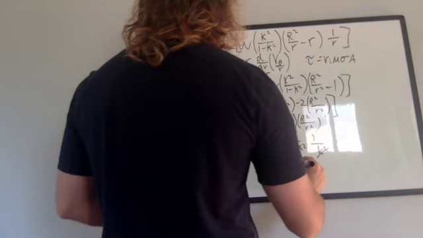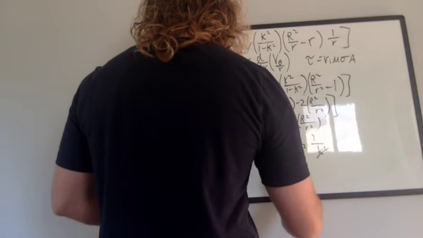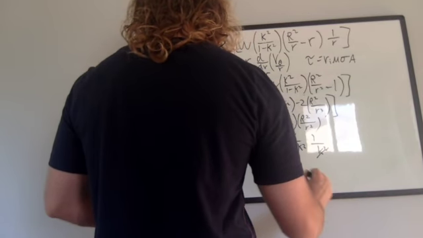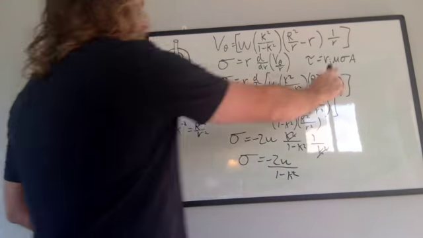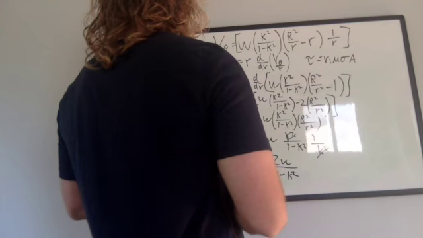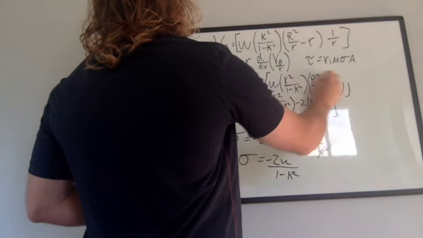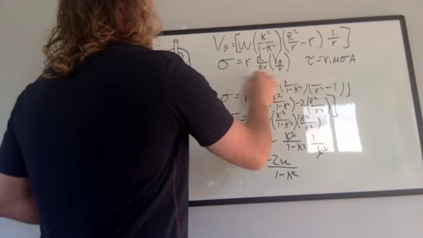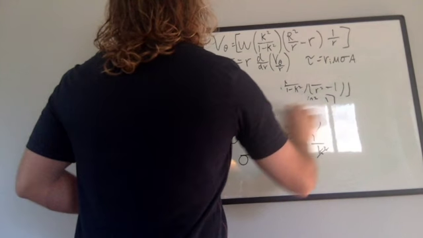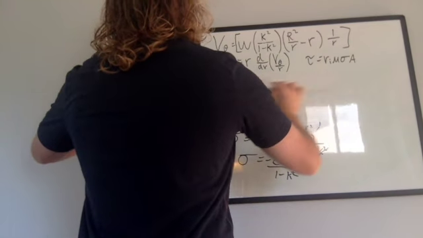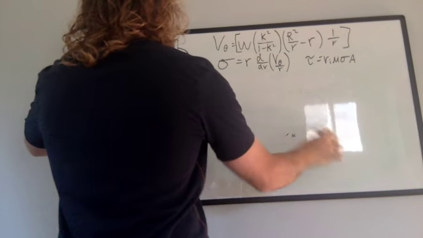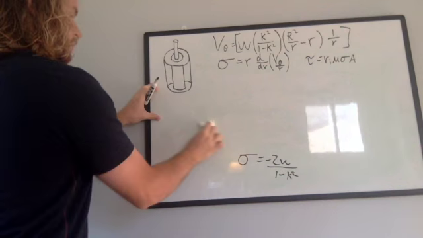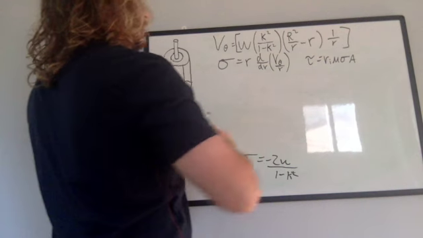Negative 2w over 1 minus k squared, like so. And then we're going to be able to plug that in up here. So we'll go ahead and erase all this, erase our k's.